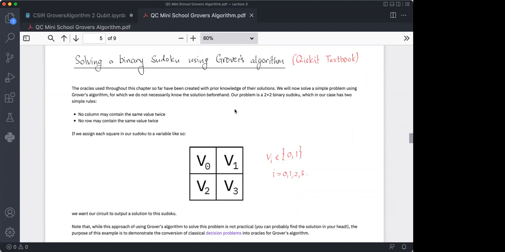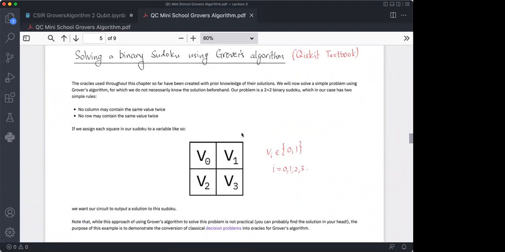For example, if you're searching a list of numbers and you're looking for a number that's less than 50, then that's a condition. You want an oracle that would show you which elements in the database satisfy that condition. And that's what we're going to do with the binary Sudoku problem.